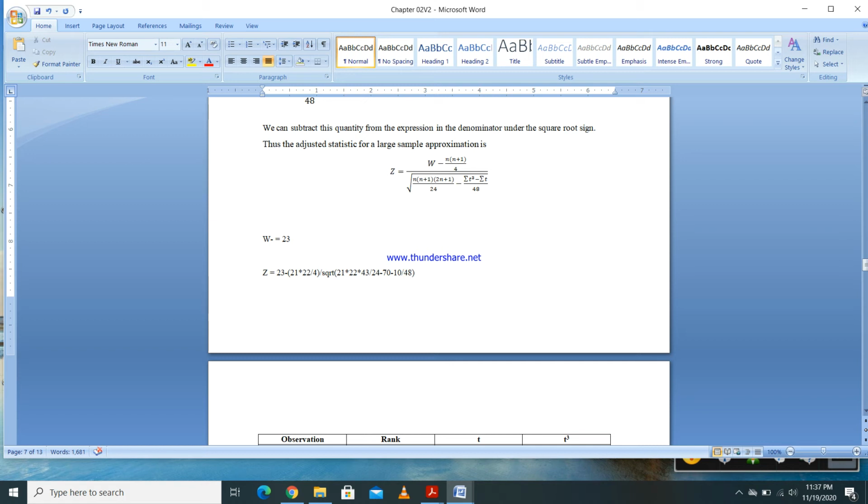I have not used brackets very accurately, so you have to use the brackets accurately. This is just to show you how to substitute.